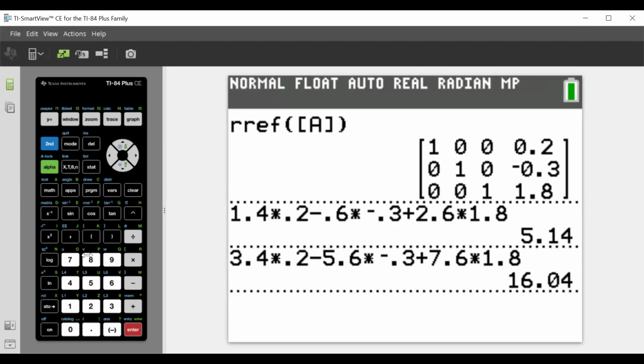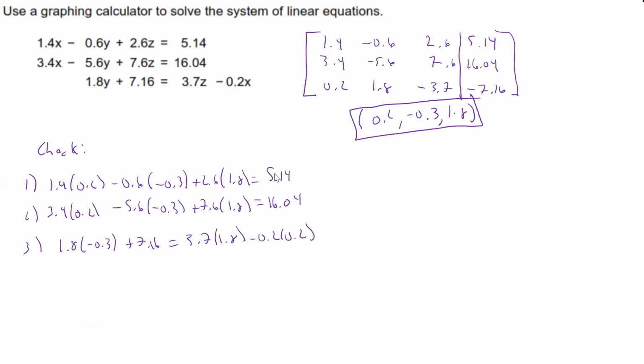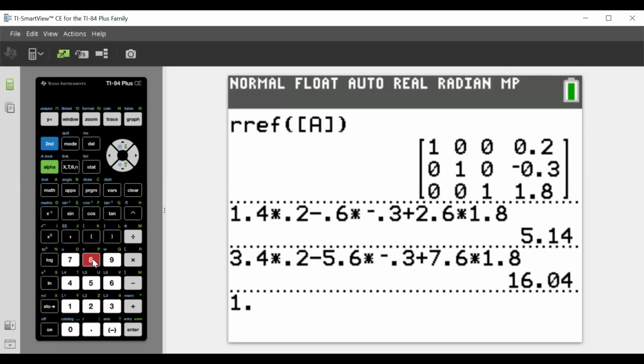And then our last one. It looks like I better remember what it was because I don't remember off the top of my head now. 1.8 and 7.16. So we have 1.8 times a negative 0.3 plus 7.16. So we get that.